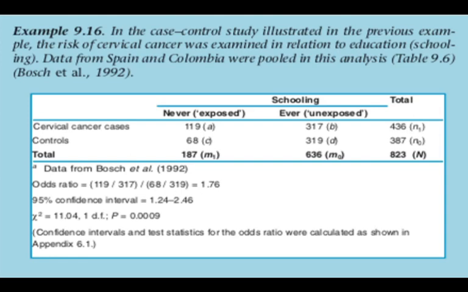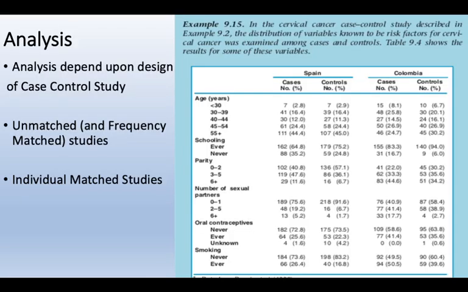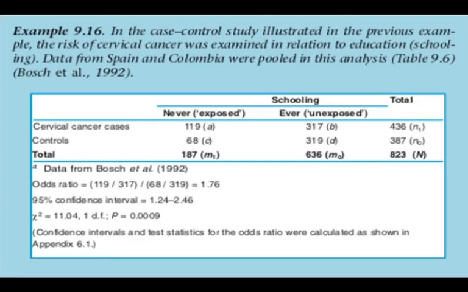We infer that the risk of cervical cancer is strongly associated with education. Similarly, we can count on parity, number of sexual partners, and oral contraceptive use. So this is how we calculate the odds ratio.